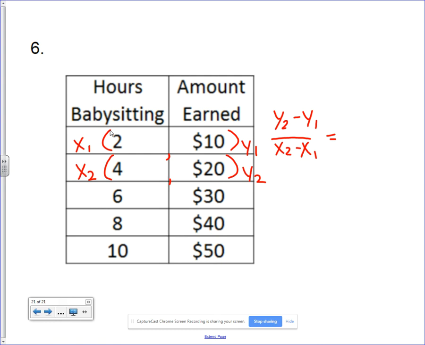Not over. There we go. 20 minus 10. 4 minus 2. Which is? Tell me the units that would be on this. Per hour. This person charges $5 per hour.